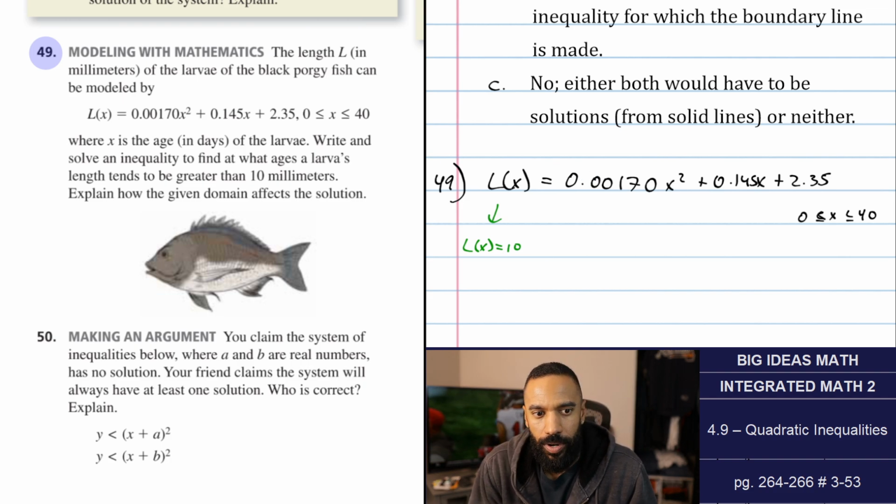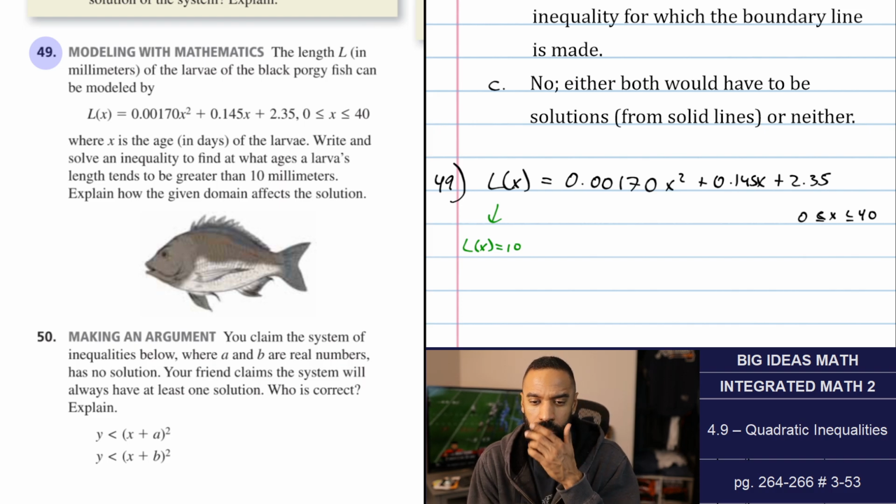So we have to find out when it's greater than 10, so above that line. Okay, so I'm going to the graphing calculator here. We're doing that. 0.00170x squared plus 0.145x plus 2.35. The other one we're doing 10.